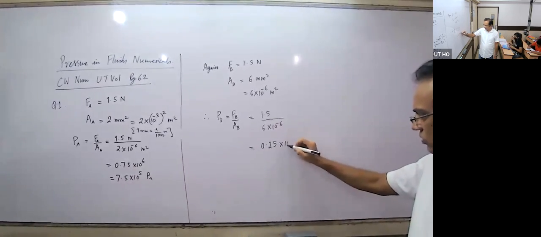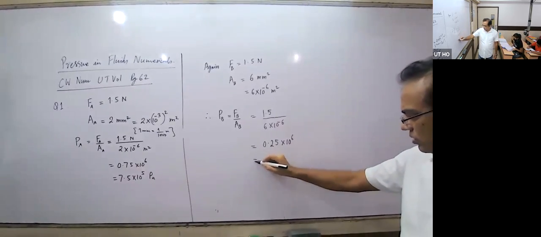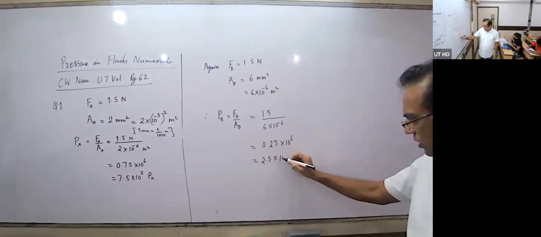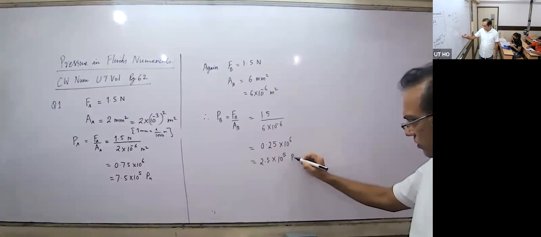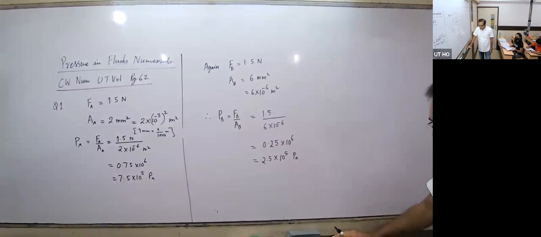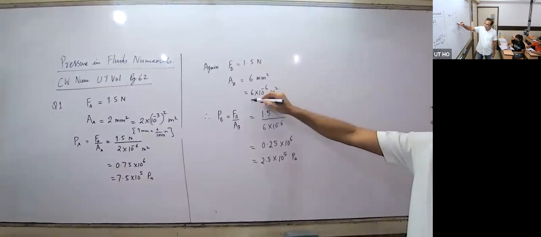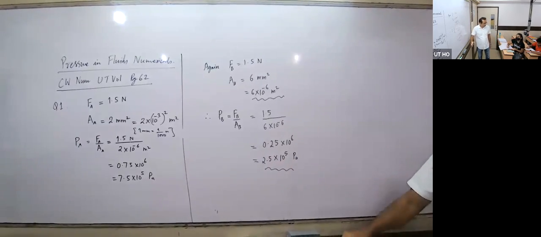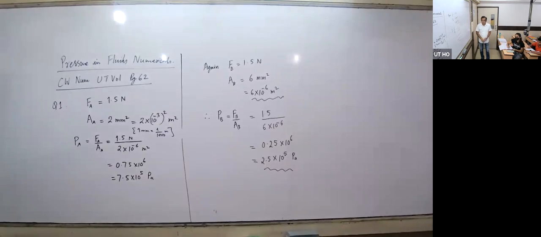Into 10 raised to 6. We take one decimal, so this will be 2.5 into 10 raised to 5 Pascal. And we were expecting this. So when the area increases, the pressure will decrease.